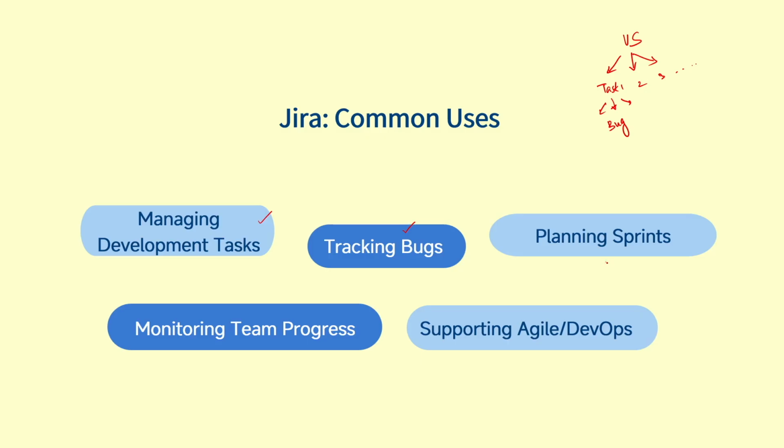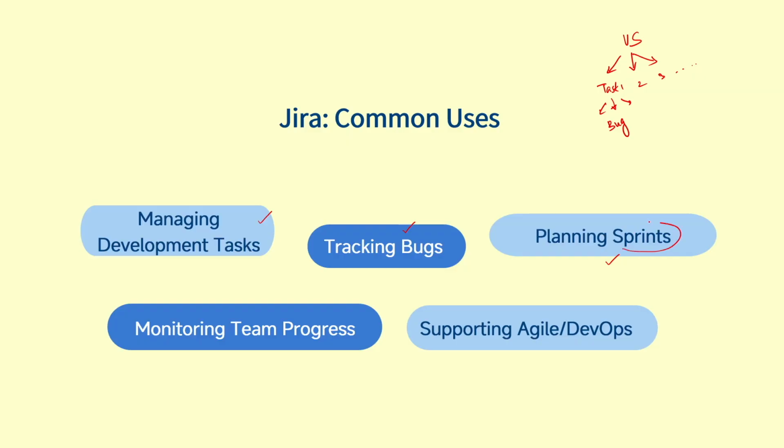Planning a sprint. When you have a task in hand that is not yet started implementing, you can plan for a sprint. Monitoring the team progress. Team progress can be monitored when the sprint is in action.